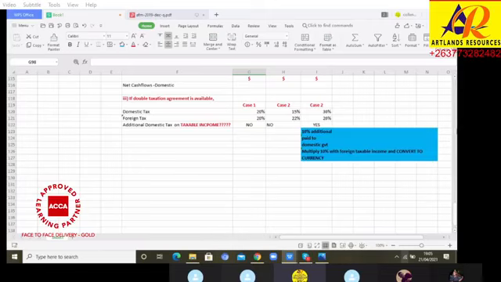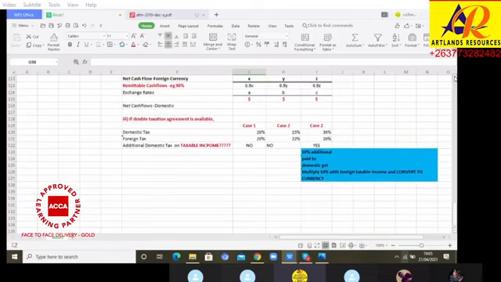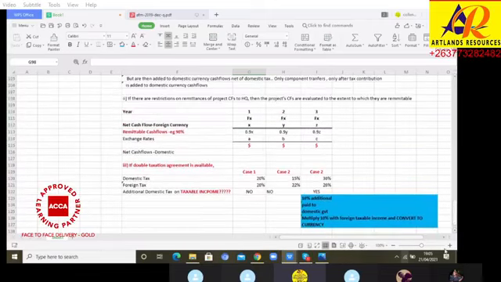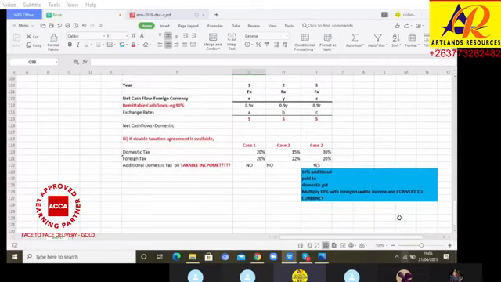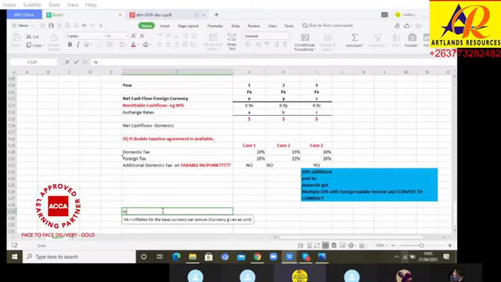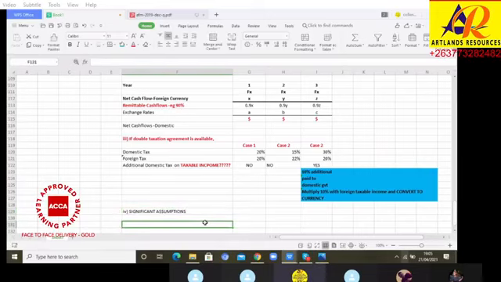All right. What else do I have to say? Significant assumptions. There are various assumptions when we are evaluating a project in foreign currency. Whenever you are evaluating a project in foreign currency, these are significant assumptions. Remember, your questions always talk about assumptions.